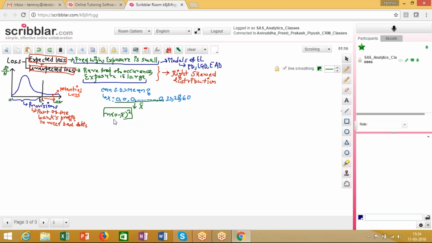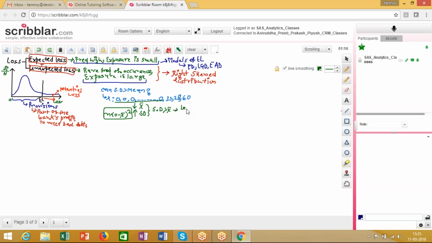So this part will cause the standard deviation to shoot up, right? Hence, your standard deviation will be greater than the mean. So this is a typical case of a left skewed distribution.